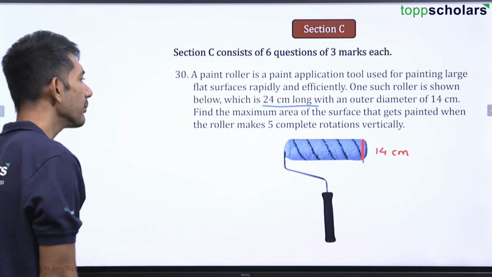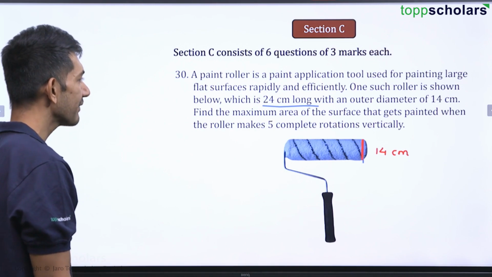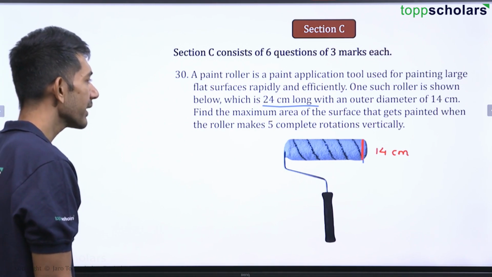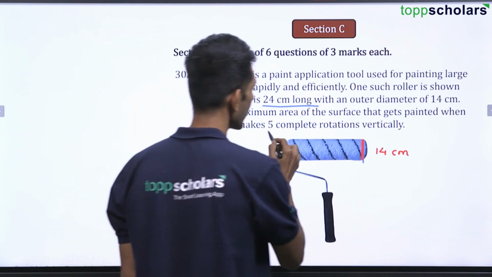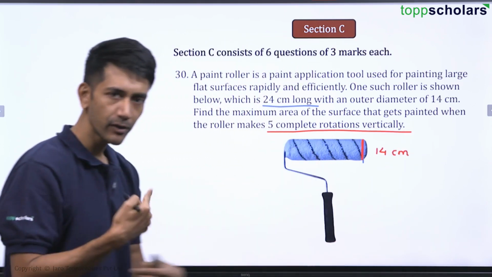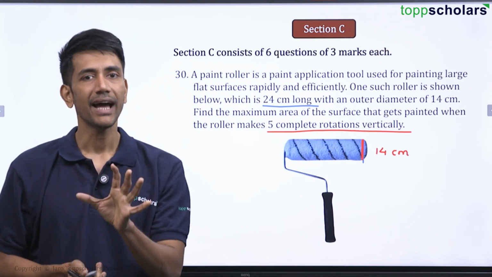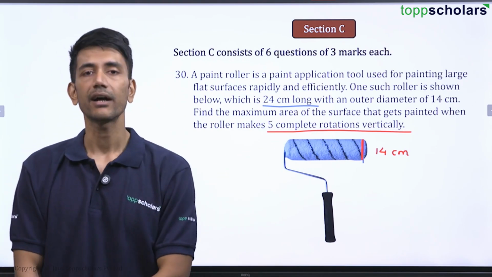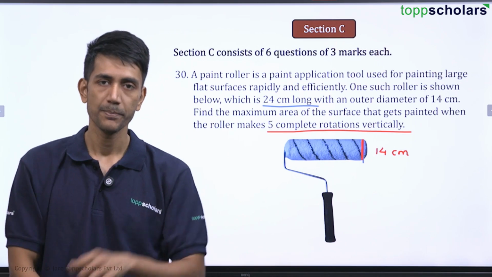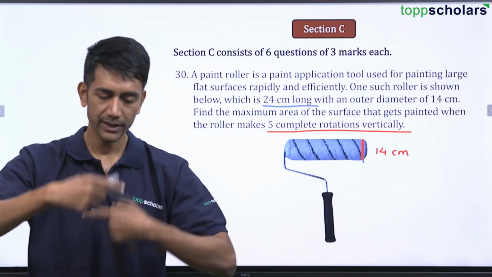Find the maximum area of the surface that will get painted when the roller makes 5 complete rotations vertically. See, whenever it is rotating, can I say we have the curved surface area utilized on the floor? The curved surface area, only the outer part.